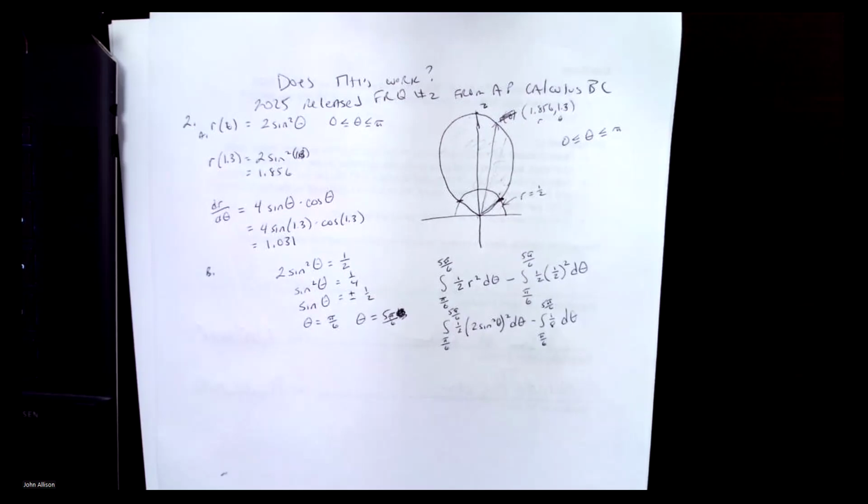Let's do 0.5, open the parentheses, and do 2 sine squared theta, or sine squared x. And then I'm going to close my set of parentheses and square all that, dx.